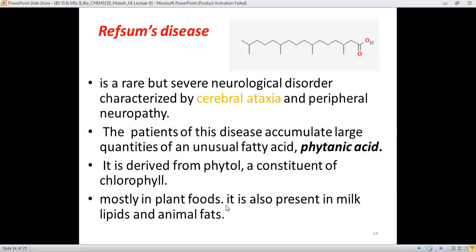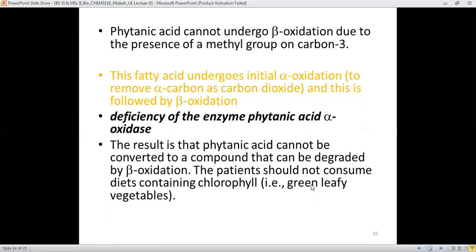Phytol has a plant origin, and it's a constituent of chlorophyll, and it's present in most plant diets, and it's also present in milk lipids and animal fats. It means that if the person takes such food, then there is accumulation of phytanic acid in the body, and phytanic acid can't undergo beta oxidation due to the presence of the methyl group on carbon number 3.